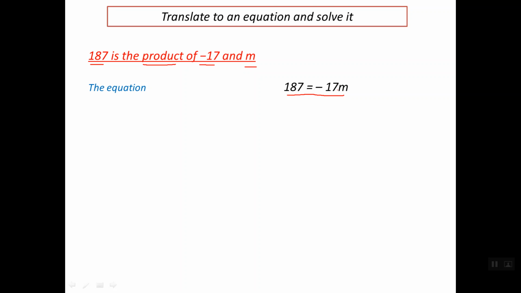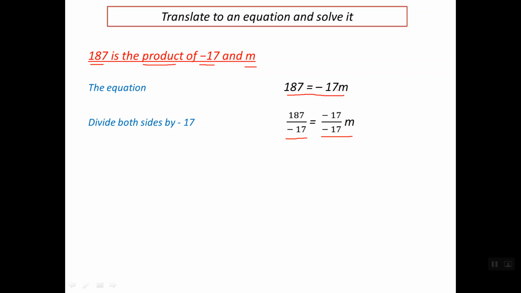Now we need to solve for m. As you see, on the right side, we have minus 17m. So we need to make the coefficient of m equal to 1. So we can divide both sides of the equation by minus 17. The left side becomes 187 divided by minus 17, and the right side becomes minus 17 divided by minus 17 times m.